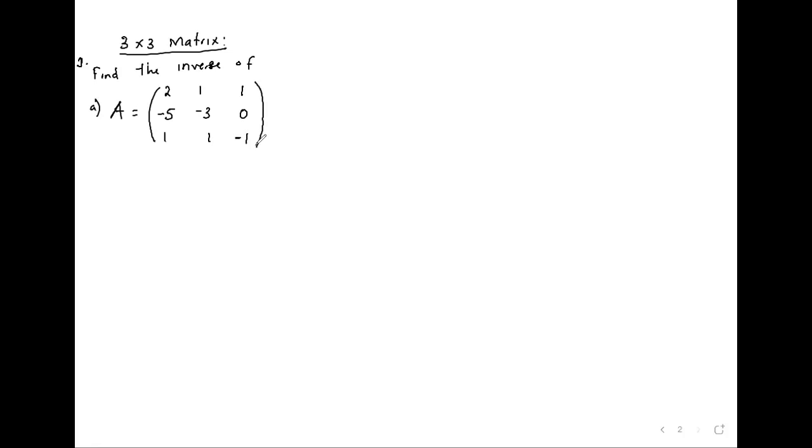To find the inverse of A, the inverse of A is going to be 1 over determinant A multiplied by the adjoint of A. And how do you find the adjoint of A for a 3 by 3?